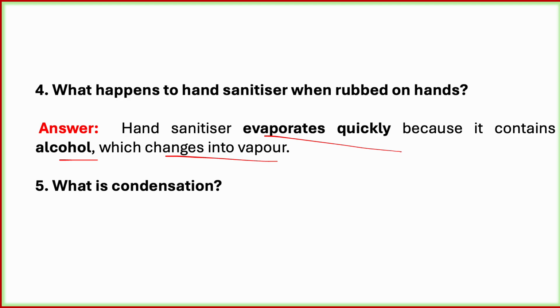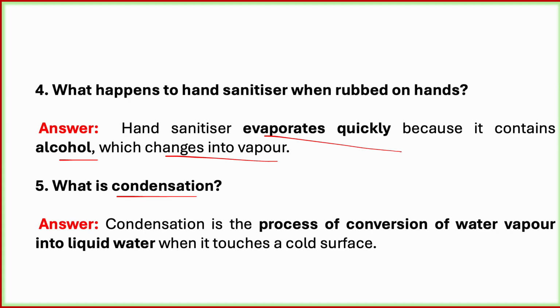Next one, what is condensation? Condensation is a process of conversion of water vapor into liquid water when it touches a cold surface. So, condensation is a process in which water vapor or gas cools down and changes back into liquid water.